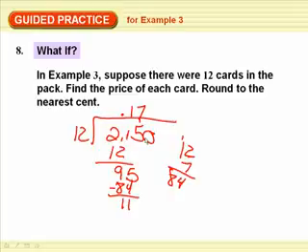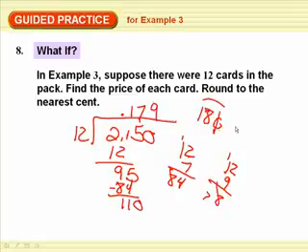There's 11. That goes in there. 12 goes into 110 about 9. So it's going to be about 18 cents if there's 12 in a pack. So that's it. I think we got that one right.